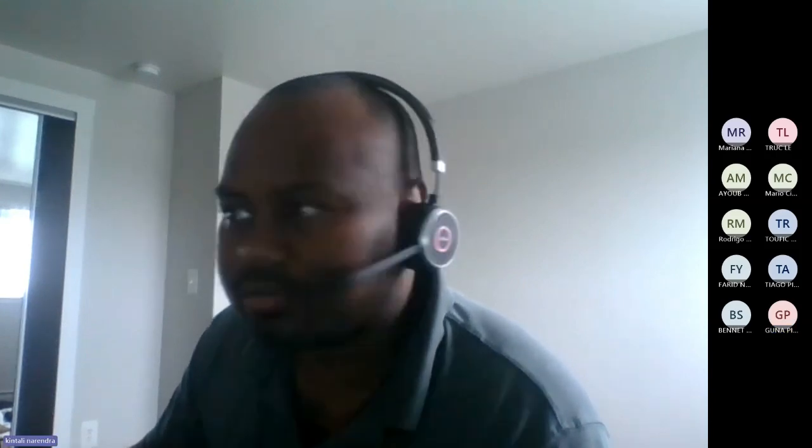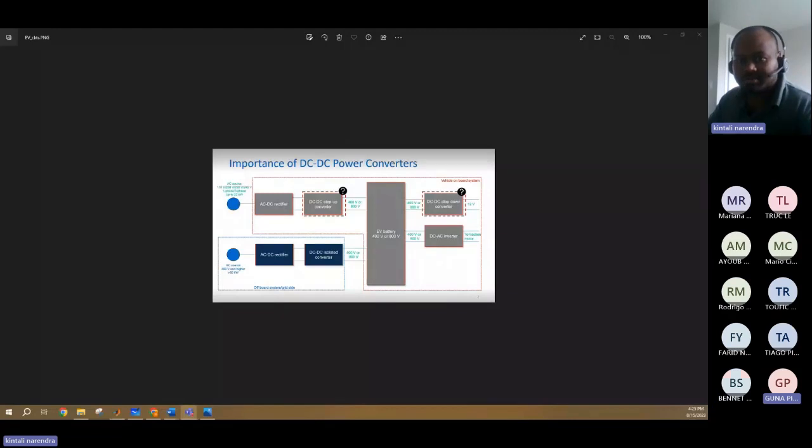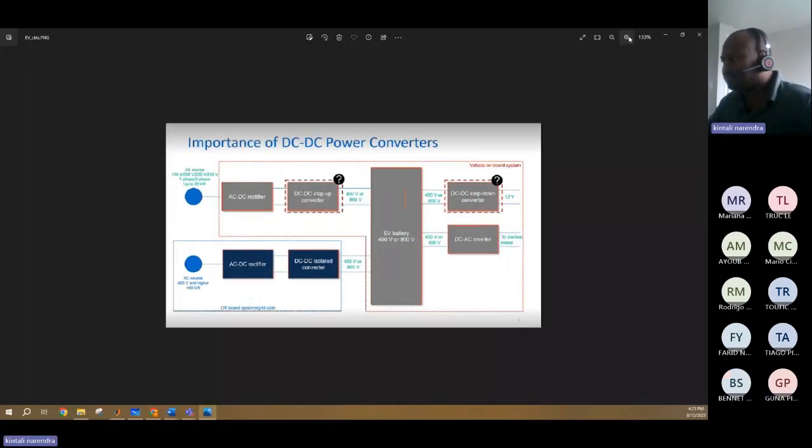Are they using converters in a battery electric vehicle? Yeah, they use a lot of converters. Can you see my picture? Okay.